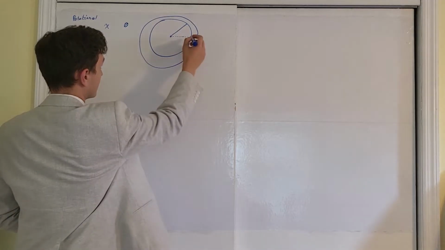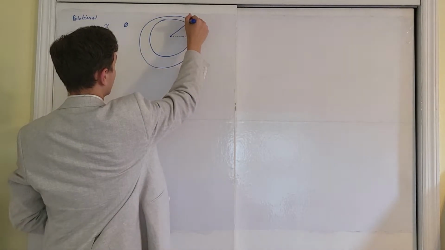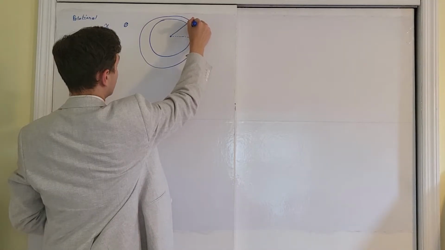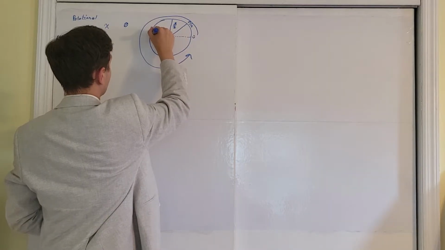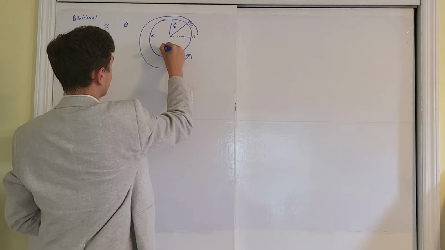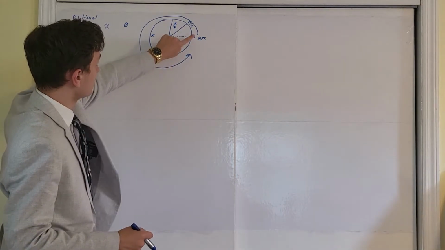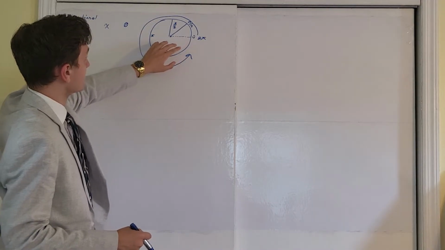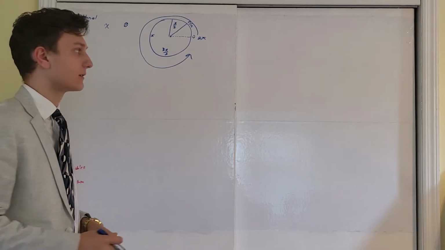Meaning here you would be angle 0, here you would have pi over 4, here you would have pi over 2, all the way on the left is pi, bottom is 3 pi over 2, and then back here is 2 pi. Your position in your rotation is identified by your angle theta in radians.